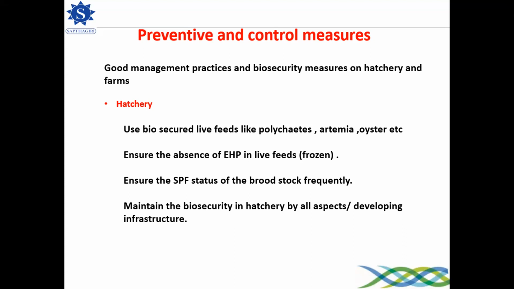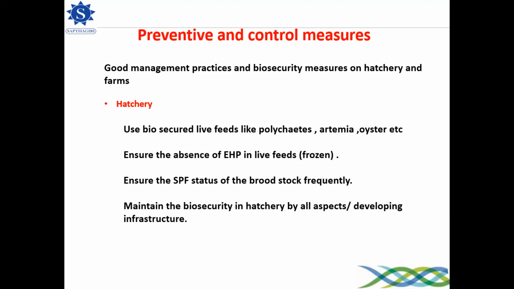Unlike other testing methods, EHP testing is non-lethal. We can use fecal threads from the maturation section to track the EHP status and maintain biosecurity in the hatchery in all aspects, and in developing infrastructure.